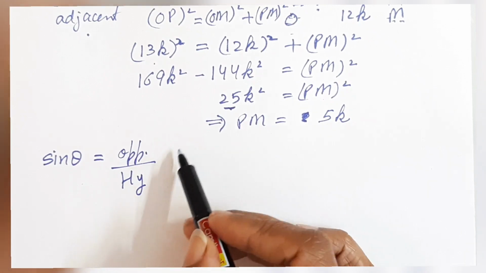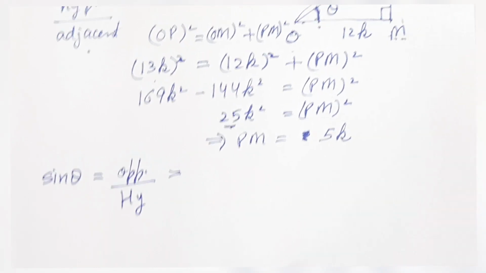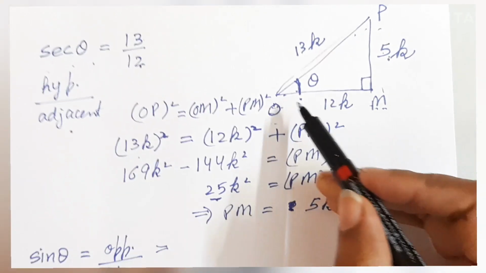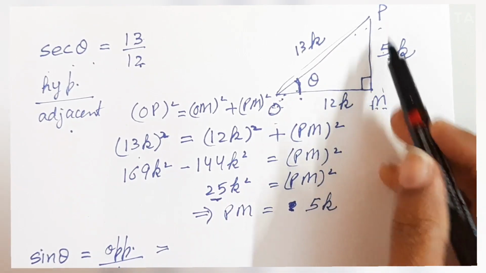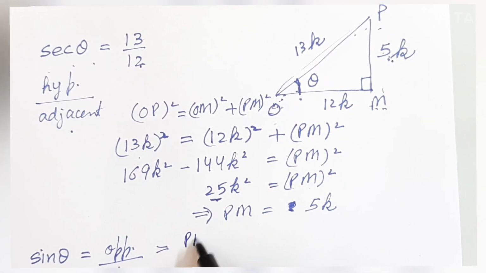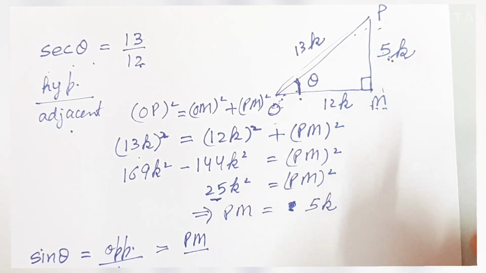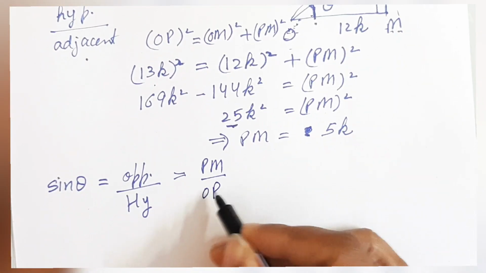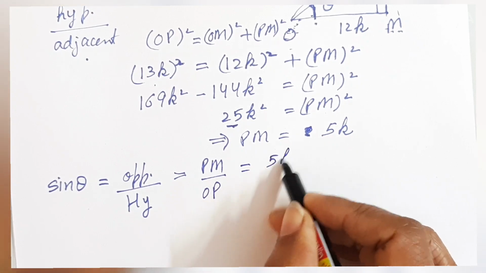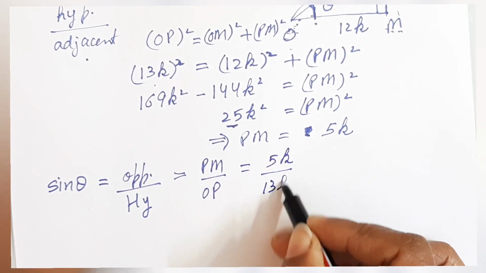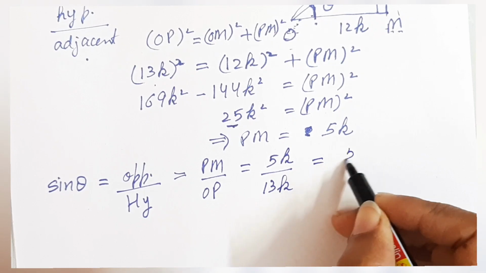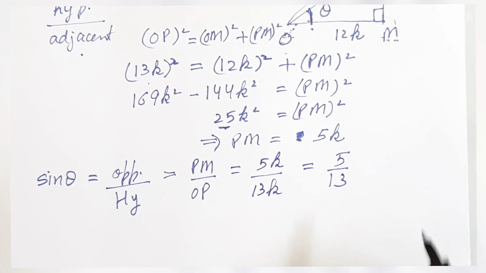So you can write sine theta as, now the side opposite to theta is PM, right? And the hypotenuse is OP. So that is equal to 5K upon 13K, that is 5 upon 13. I hope it is clear to everyone now.